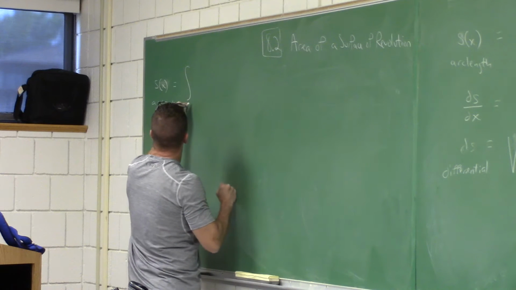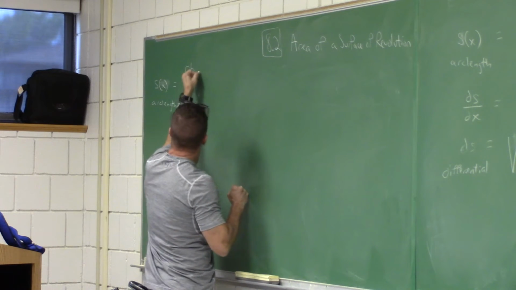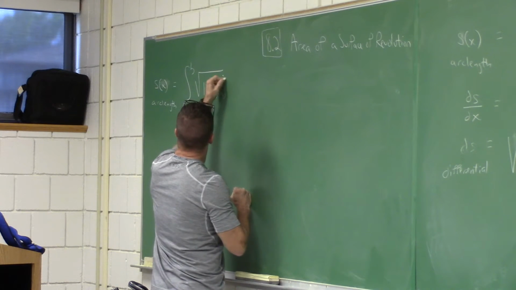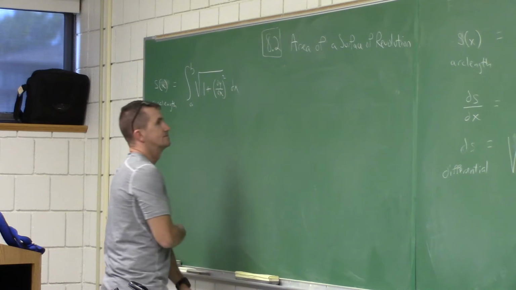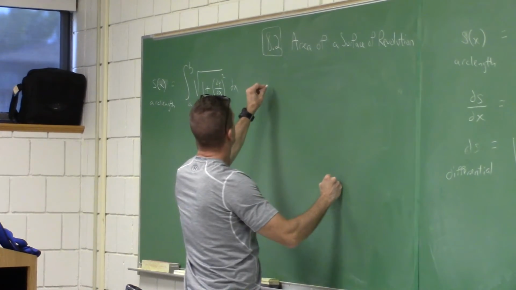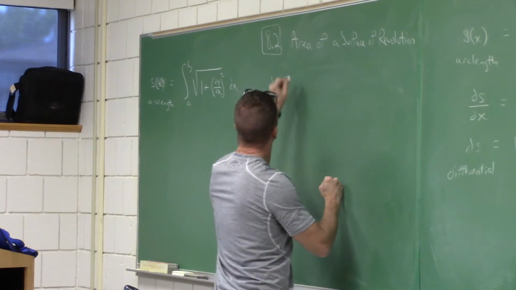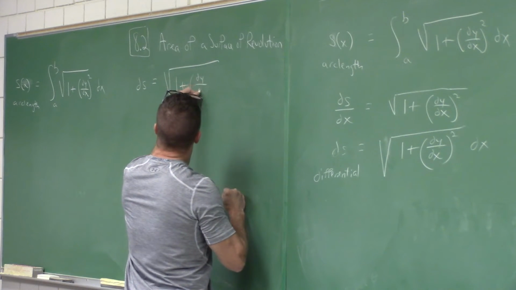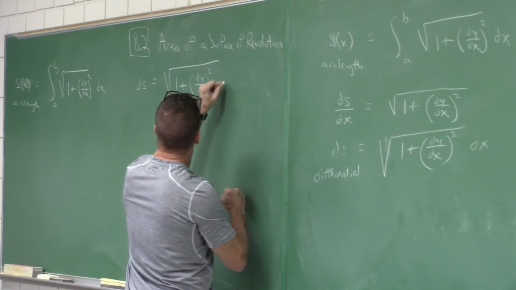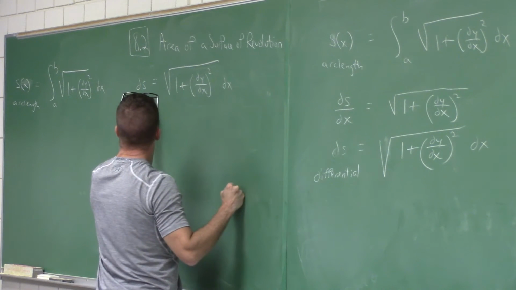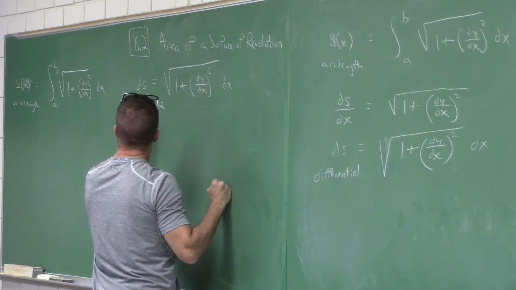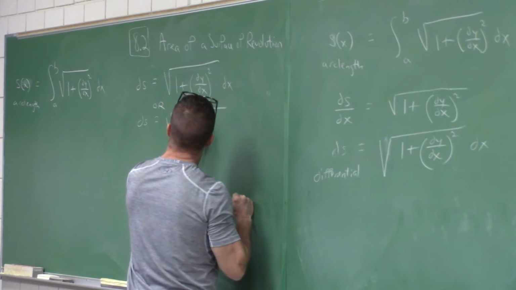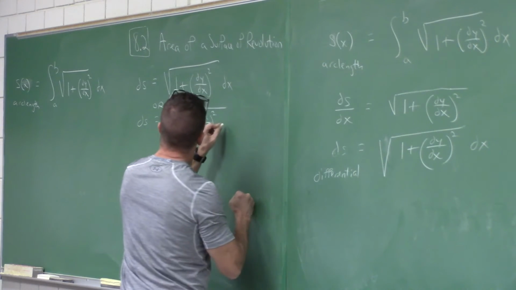That was equal to the integral of the square root of 1 plus dy over dx squared dx. But now I'm going to write these: ds equals the square root of 1 plus dy over dx squared dx, or we could say ds equals the square root of 1 plus dx over dy squared dy.